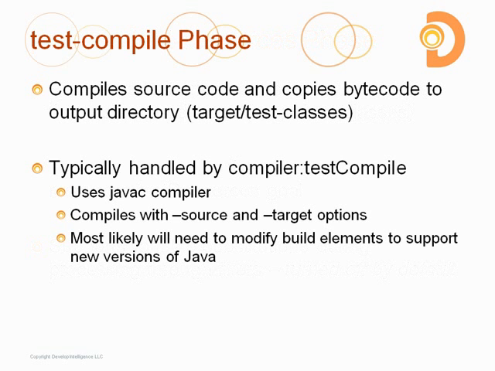You would think that if I configure the compiler once, I configure it for all the different phases, but that's not the case. So if I modify the source and the target options for my production, I'm going to want to make sure I do the same thing for my test. Otherwise, I could have production code generated to a different version level than my test code, or vice versa. So at some level, I have invalidated my test.